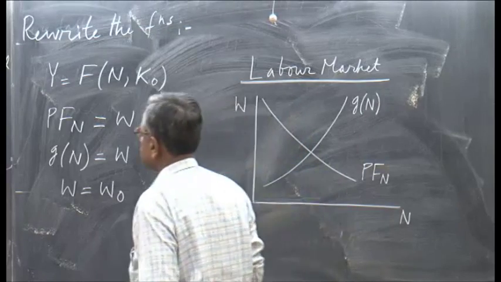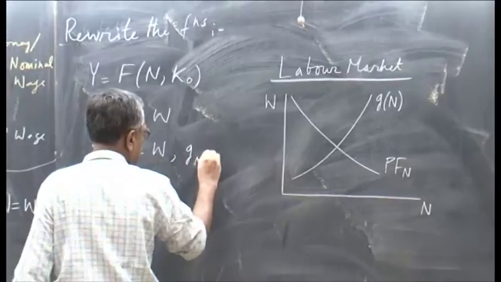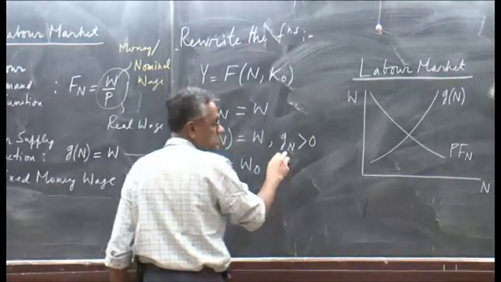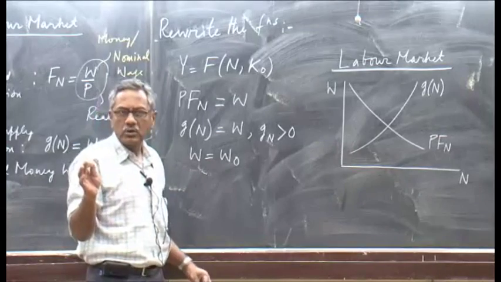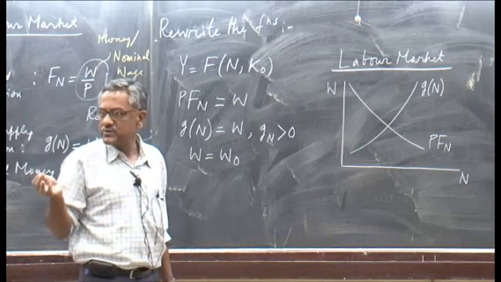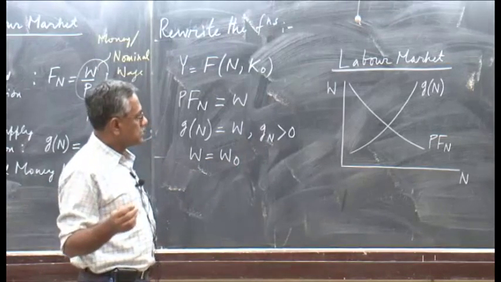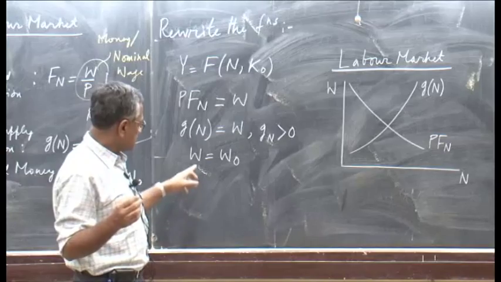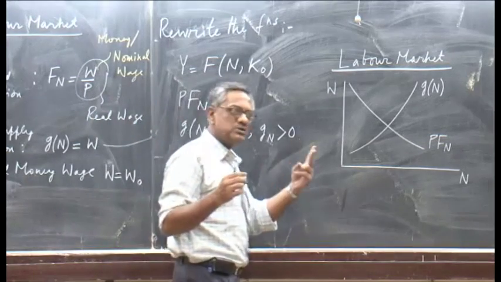The labor supply function, if you remember, G subscript n, means the first partial derivative is positive. I told you that story, the labor-leisure model, of how labor supply increases as wages increase. So that is still used here. Now the question is, where is W equal to W naught? There are two possibilities.